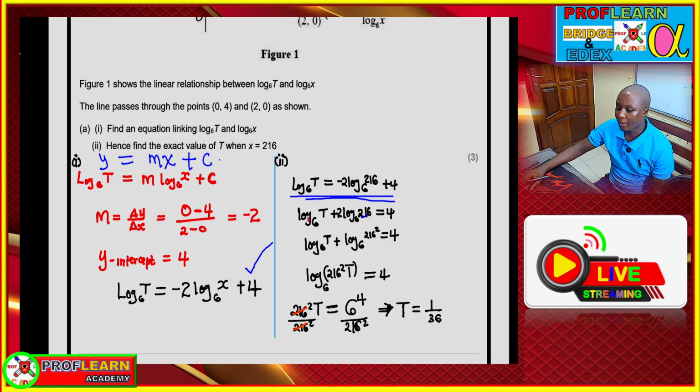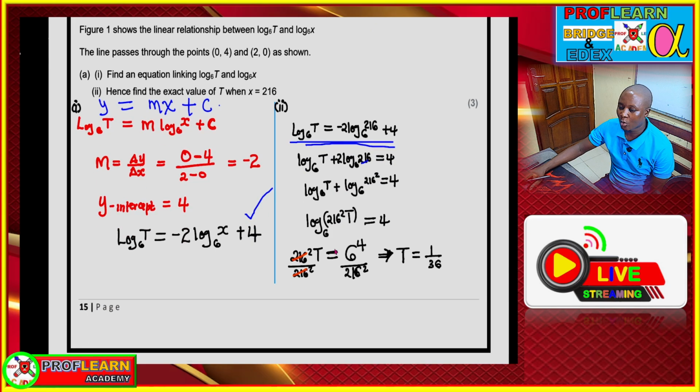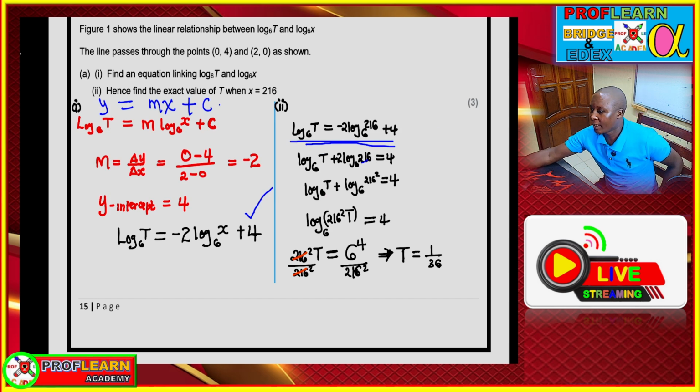So it will be log t plus log 216 squared. But when 2 logs are added, you can multiply the numbers. So this number and this number can be multiplied so that you can have a single log. Those are the basic rules of logarithms.